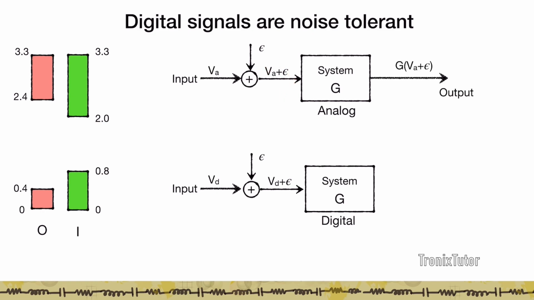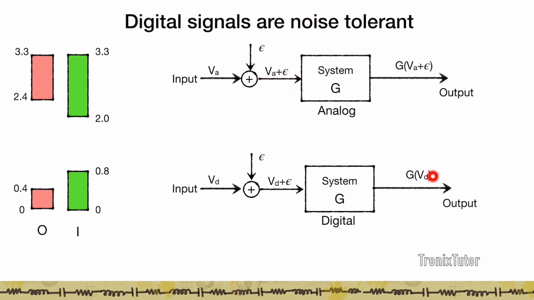Now what happens in the case of an analog system is that the output, since it depends on the actual value of the voltage, also changes with respect to this new input signal. And so therefore the output is going to track the input. So if you look at an analog system, you see that the output is also tracking the input, right? And that's because an analog system is responding to actual changes in the input signal.